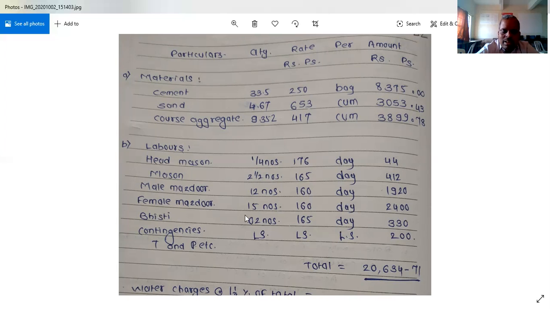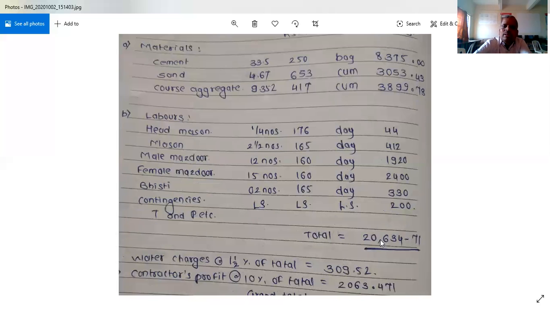Female mazdoors, 15 female mazdoors are required for the casting of 10 cubic meter of the PCC bed. 15 into 160 will be 2,400, whereas 2 BCs are required, 165 per day, that is 330. Next is contingencies. We have to take contingencies and tools and plants as lump sum, that is 200.